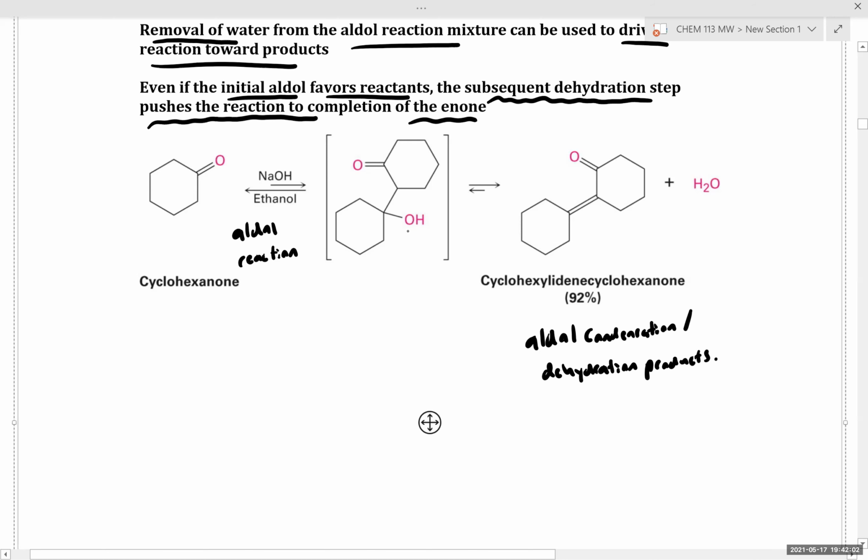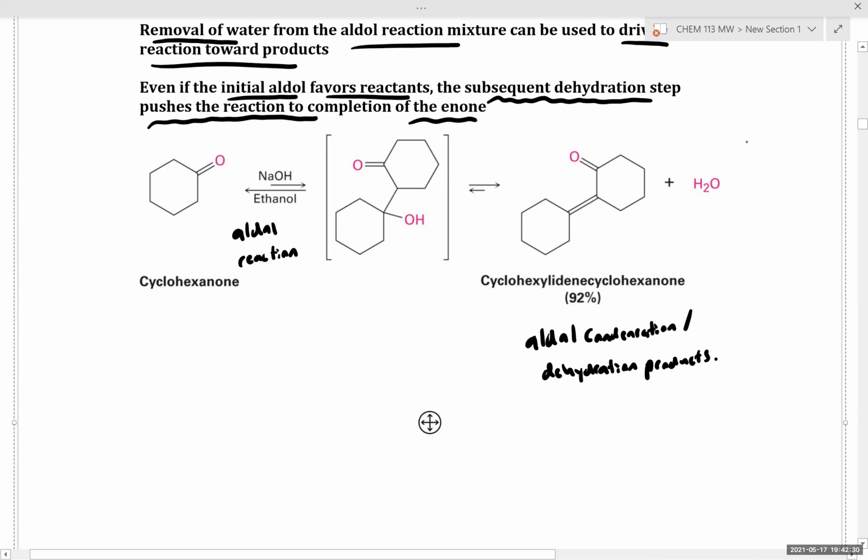If you dehydrate and remove water, then you have removed water from the product side of this second equilibrium, and as a result, the equilibrium will respond to the change in the concentration of water by generating additional product and generating additional water as a reaction product.